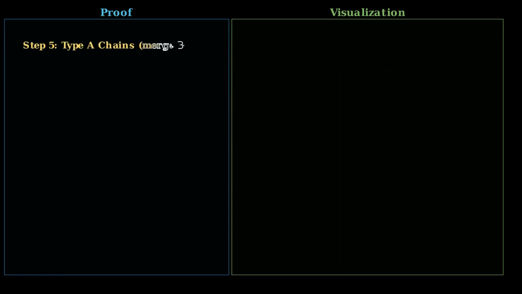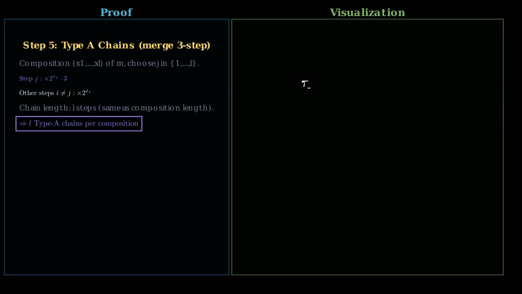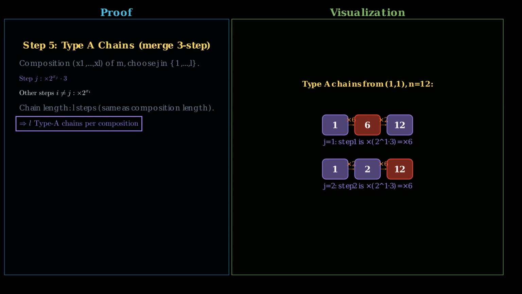Step 5. Detailed construction of type A chains. Given an L-part composition x1, x2, ..., xL of M, choose one index j from 1 to L. At step j, the ratio is 2 to the x_j times 3. At all other steps i not equal to j, the ratio is 2 to the x_i.